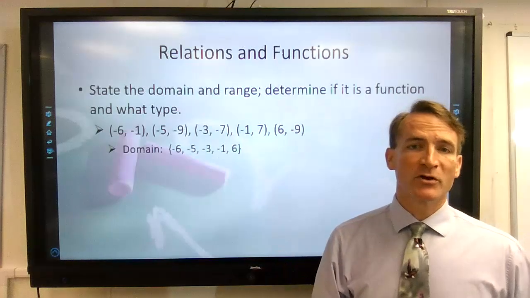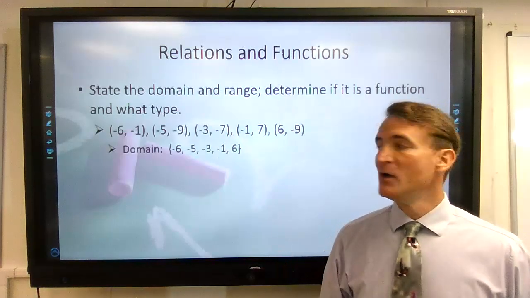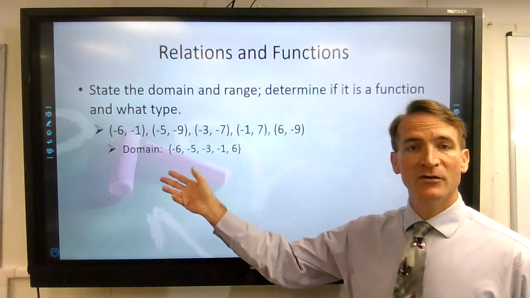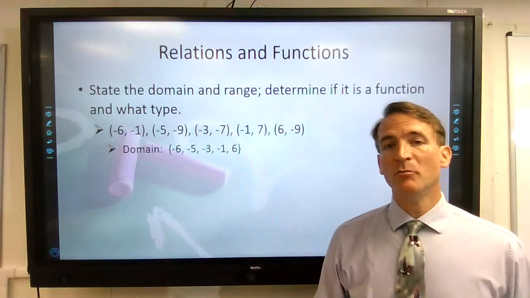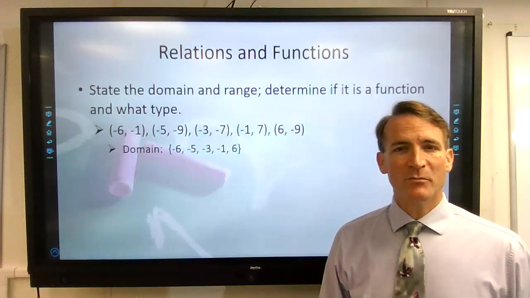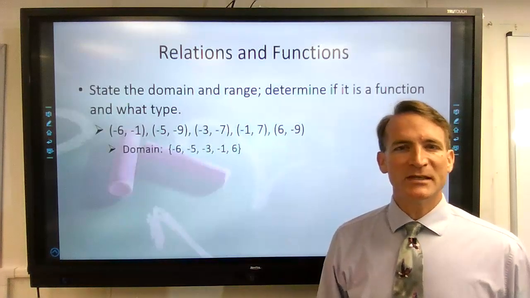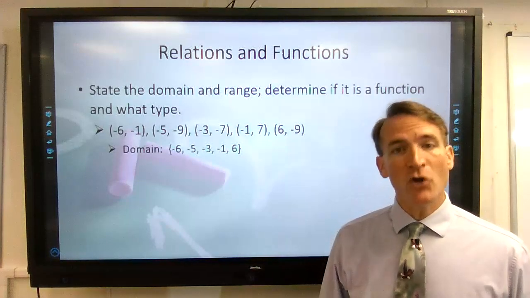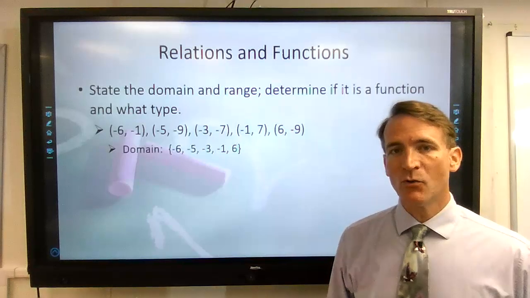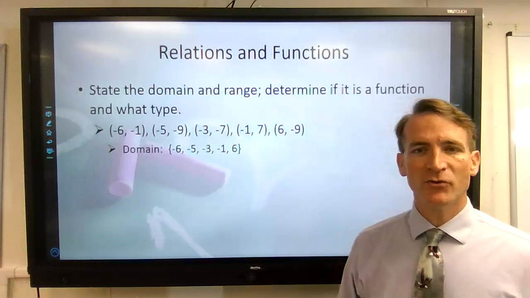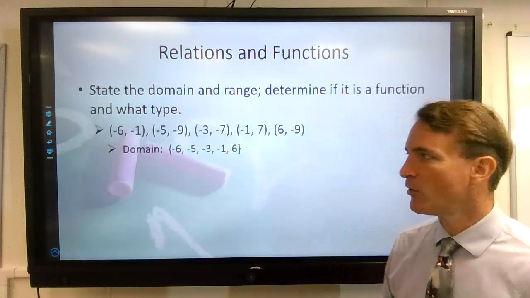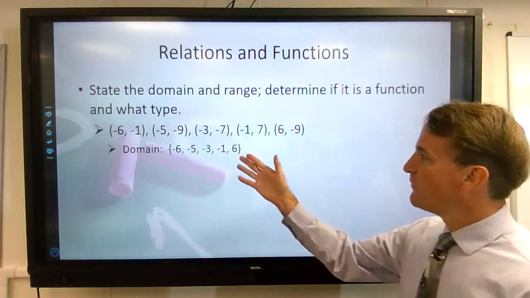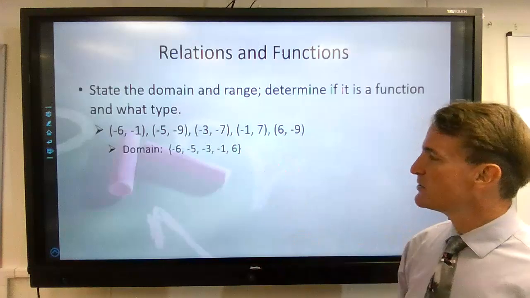So when you do your homework tonight, it is going to be helpful if you put your domain and your range numbers in numerical order. That's the way I'll have them up on the screen. It just makes it easier for grading purposes. Technically, it does not matter if you don't have them in order, but it is going to make it much easier for you to grade your homework later on. So here I have them going from least to greatest.